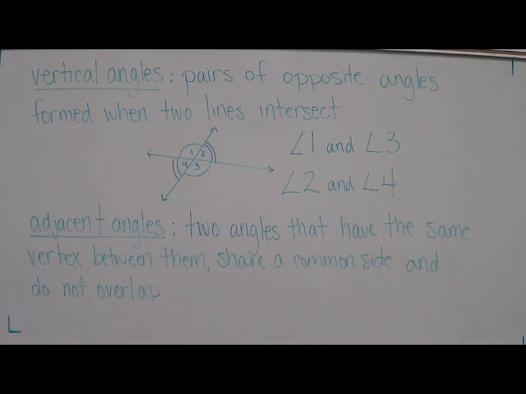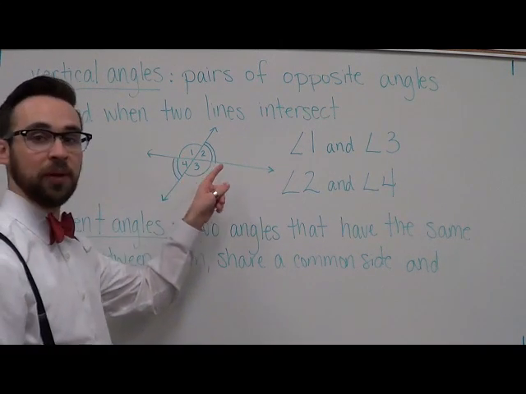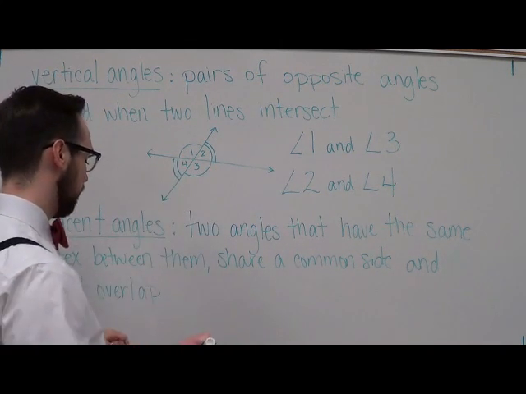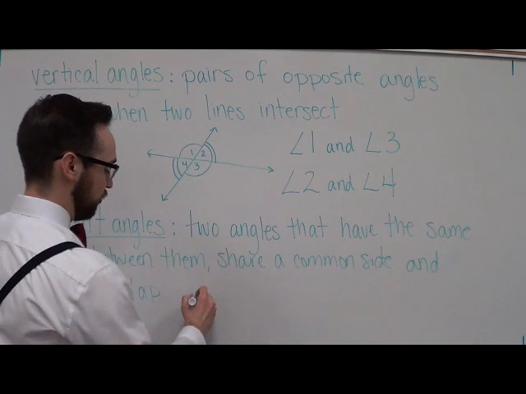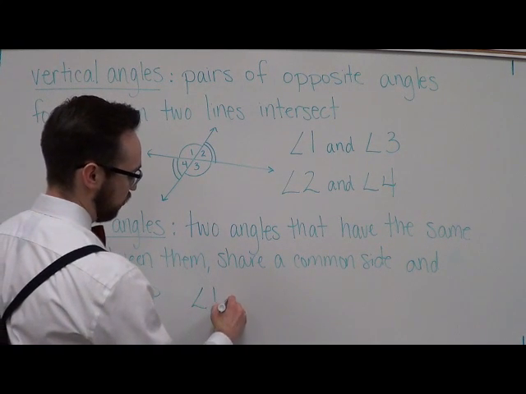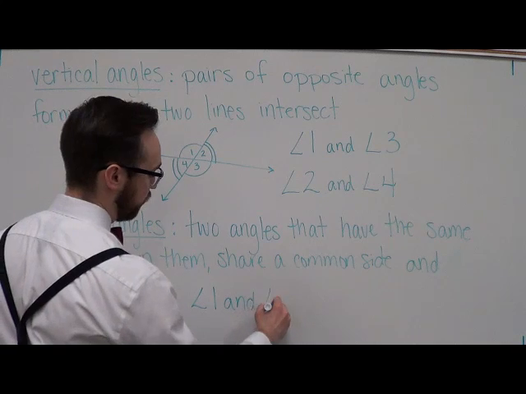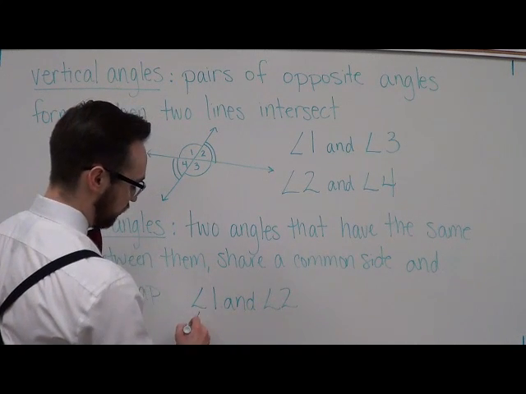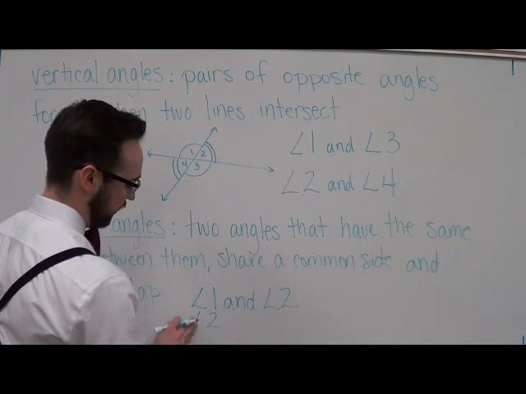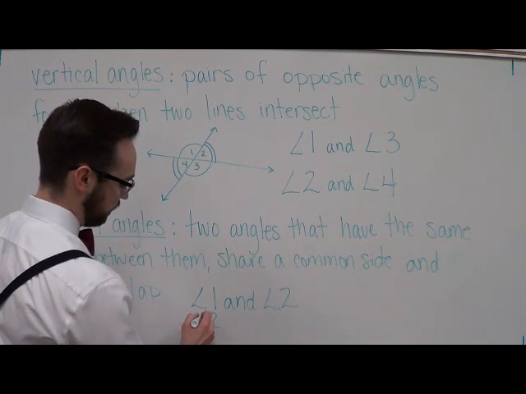Now adjacent angles, we know the word adjacent means beside. So there are two angles that have the same vertex, share a common side, and do not overlap. Looking at the same angle picture, we could say that angle 1 and angle 2 would be adjacent.